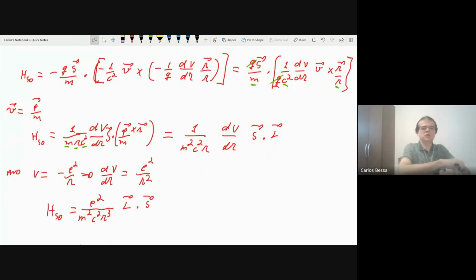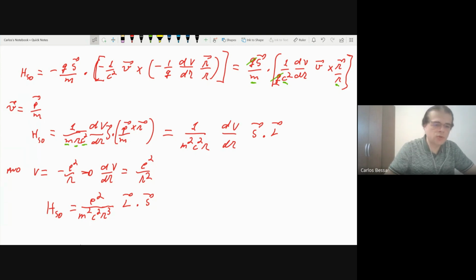So this is the origin: the electron has a spin, a momentum associated with the spin, and this makes the electron interact with the magnetic field generated by the movement of the electron around the proton.